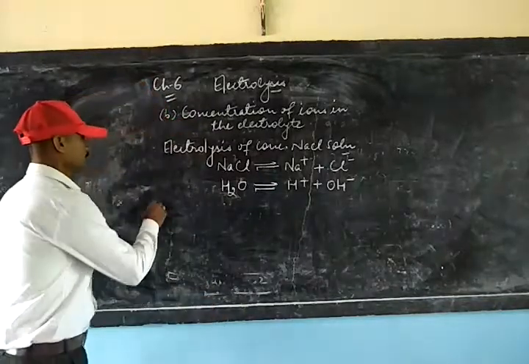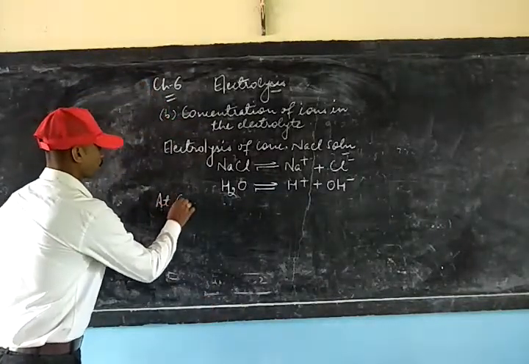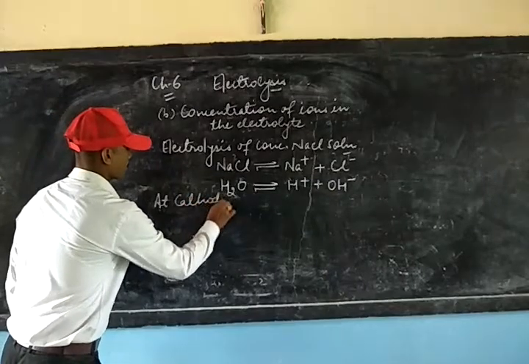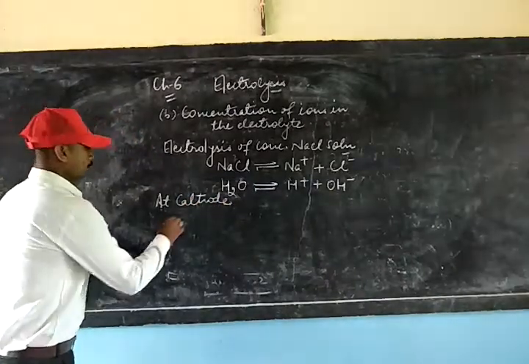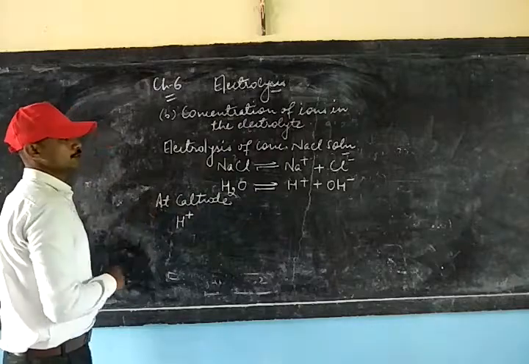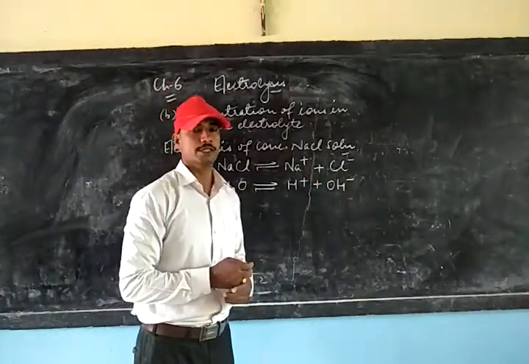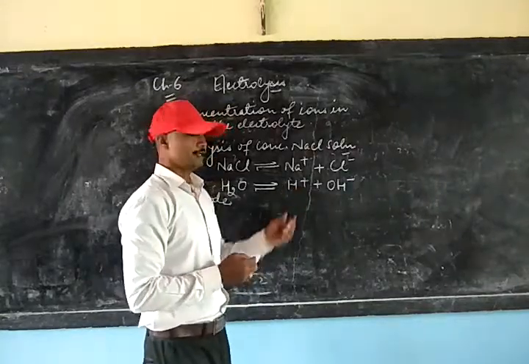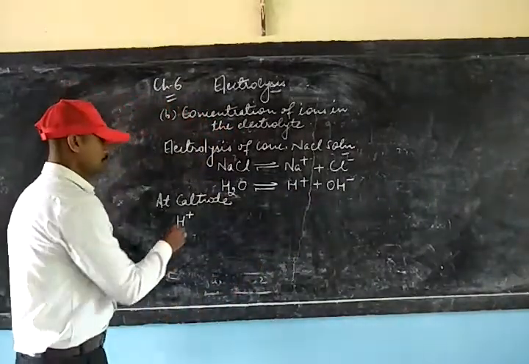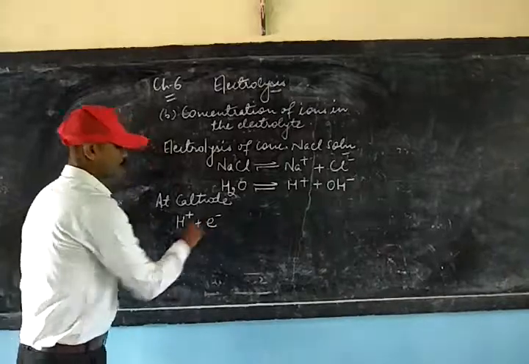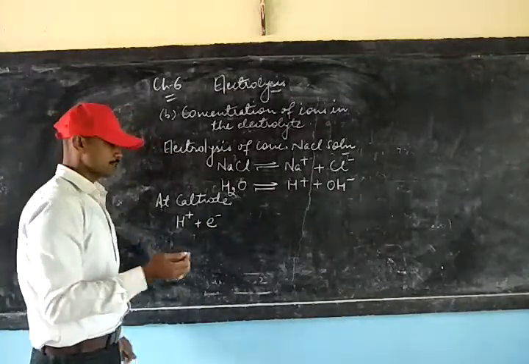Let's see. So at the cathode, it will be hydrogen ion. Though sodium is highly concentrated in the solution, it is hydrogen ion that will be discharged first, as it is capable of gaining the electrons faster.